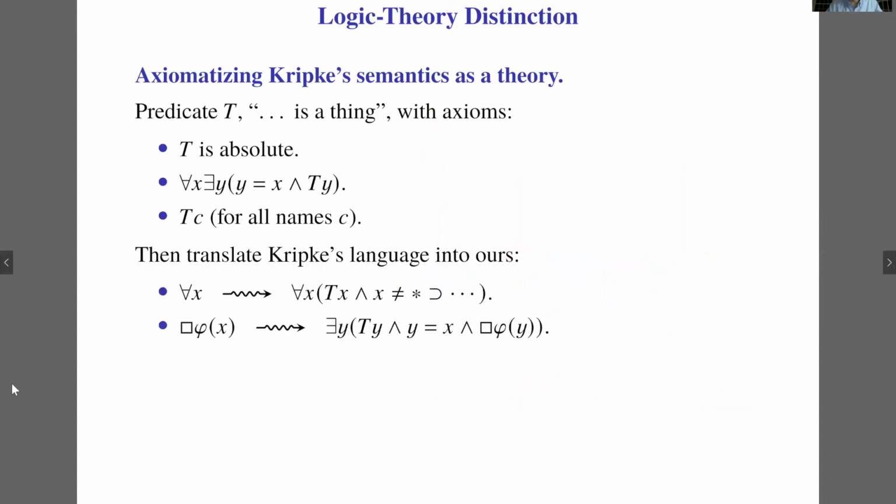Then you can translate Kripke's language into ours by saying that Kripke's for all can be translated as for all thing intentions whose extension exists in the current world, and so on. Or the box operator can now be treated as a kind of Dirac thing.